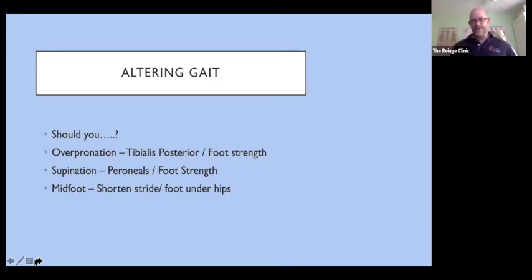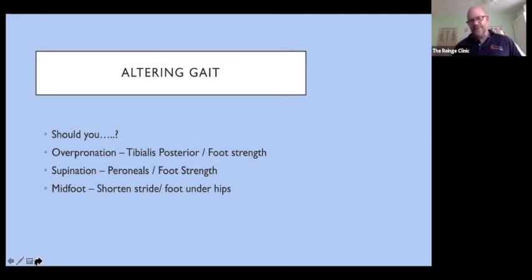If you heel strike, it's easy to experiment with midfoot strike because you can easily midfoot strike in a normal running shoe. All you do is shorten your stride up. That leg should come down under you, not out in front of you.